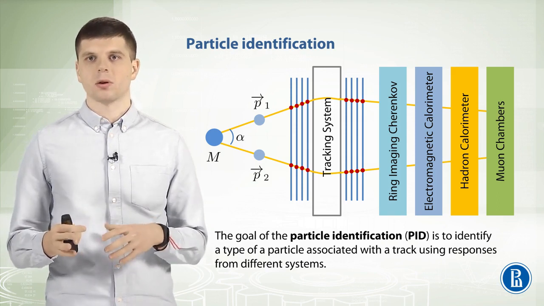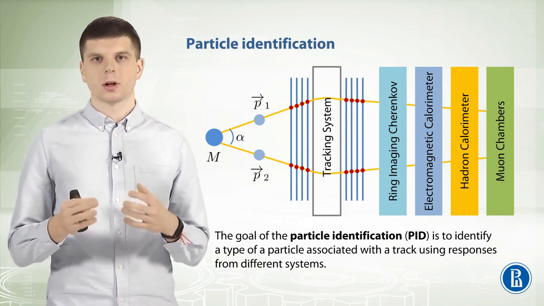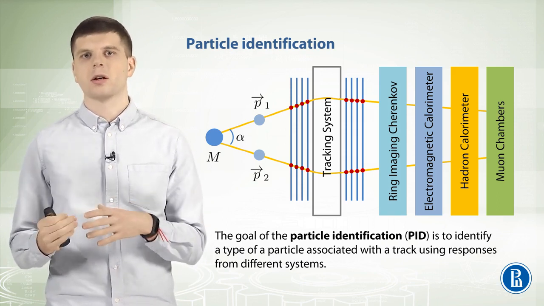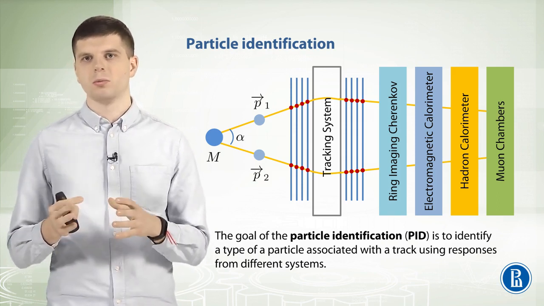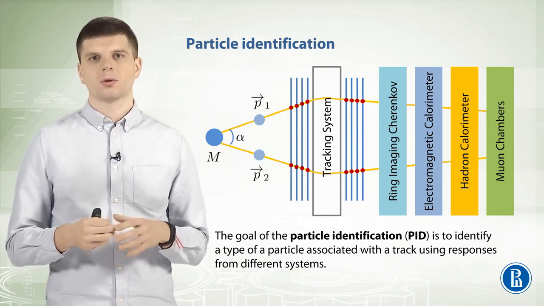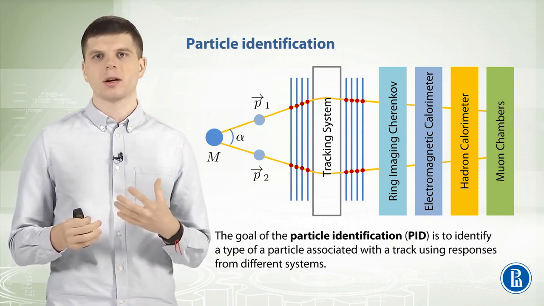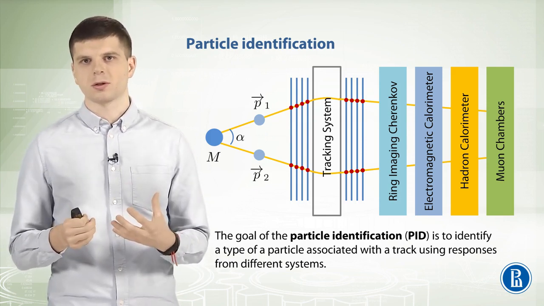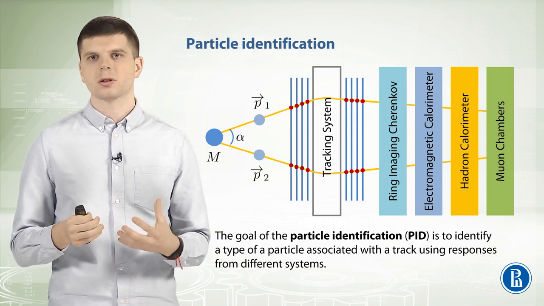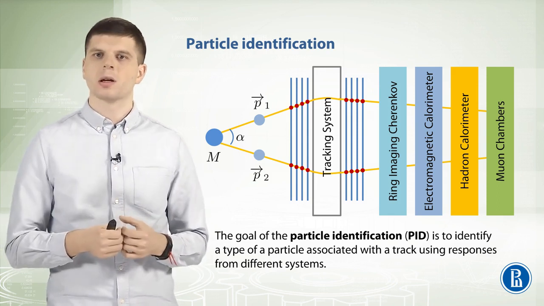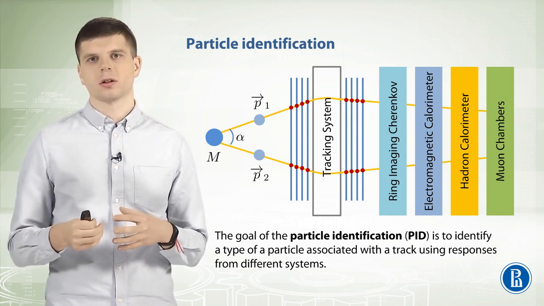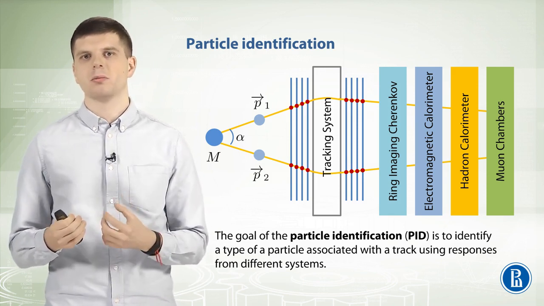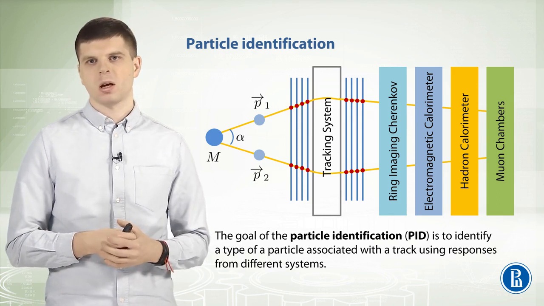The systems, or subdetectors, are the tracking system, ring imaging Cherenkov detector, electromagnetic and hadronic calorimeters, and muon chambers. Tracking system recognizes a particle trajectory or track, estimates parameters of this trajectory, and measures the particle momentum. Ring imaging Cherenkov detector estimates a particle type using its momentum measured in the tracking system.